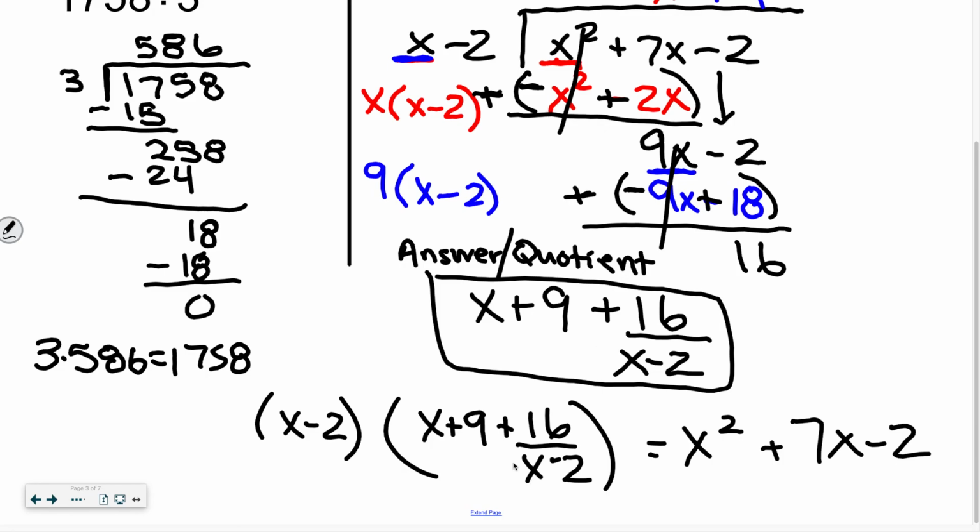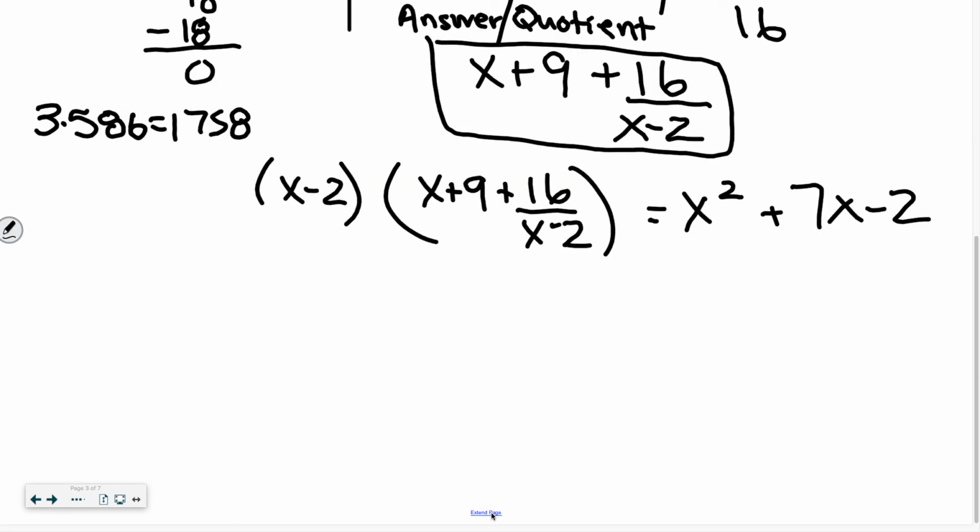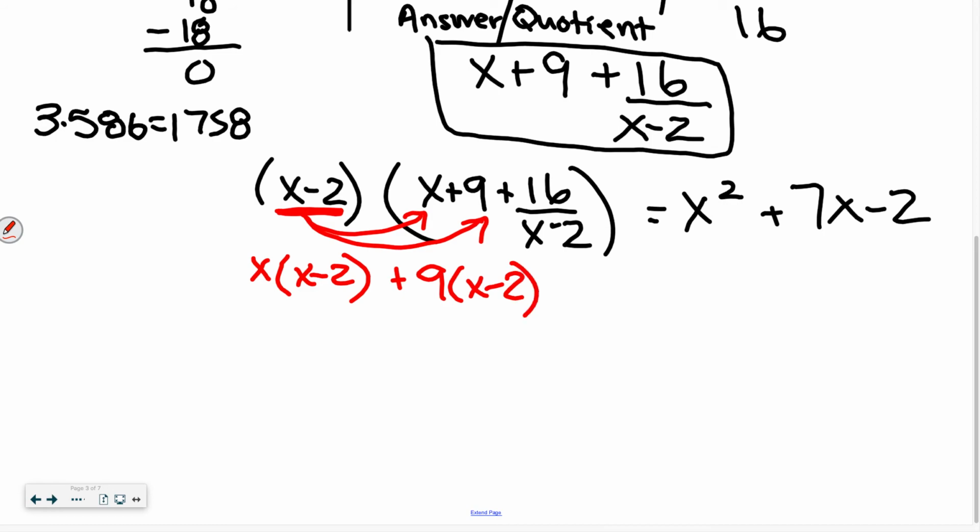Now, this would be actually like a pretty easy check for us. If I distributed x minus 2, that'd be x times x minus 2. That'd be 9 times x minus 2. And what would happen when I multiplied 16 over x minus 2 by x minus 2?